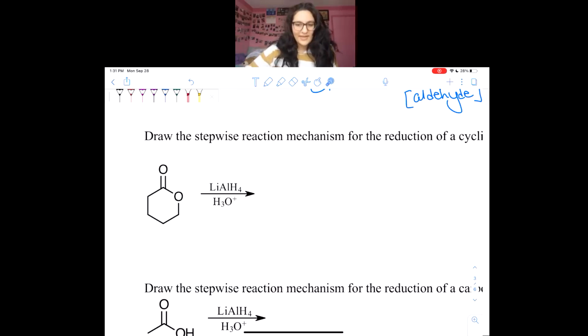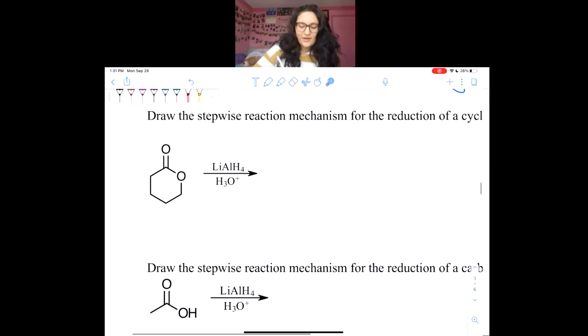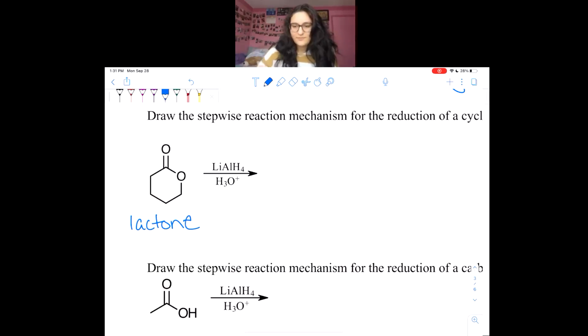This is actually called a lactone. Has anyone heard of beta-lactones or beta-lactams? They have to do with antibiotics. Yeah, most people have. So we're going to learn about that later on. In a couple chapters, when I ask you what this is, remember it's a lactone. Essentially, it's just a cyclic ester.